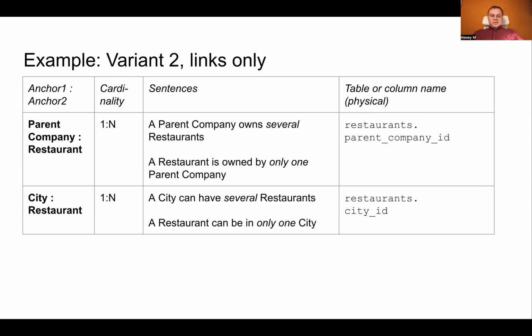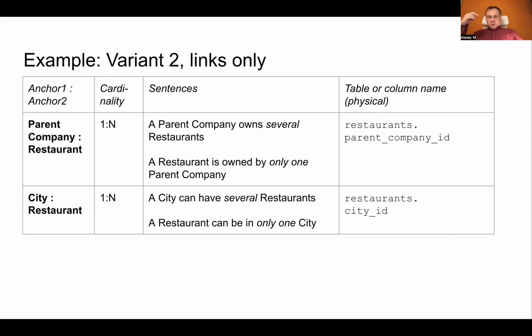And we describe this link by providing a pair of sentences in both directions. A parent company owns several restaurants, and in the other direction, a restaurant is owned by only one parent company. Same for cities. A city can have several restaurants, of course, and a restaurant can be in only one city, of course.